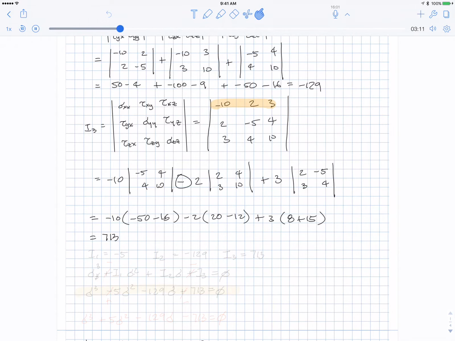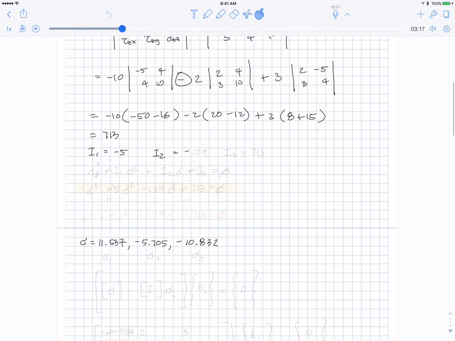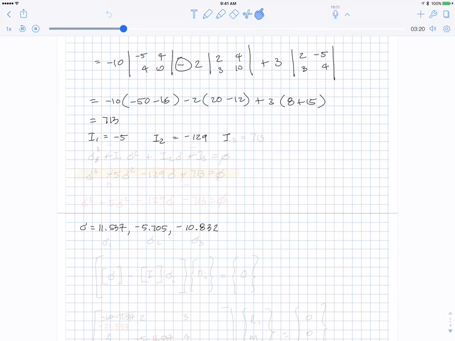Now let's summarize what we have. I1 is minus 5, I2 equals minus 129, and I3 equals 713. The eigenvalue equation was going to be sigma cubed plus I1 sigma squared plus I2 sigma plus I3 equals 0, and that should have been sigma cubed, not sigma 3.